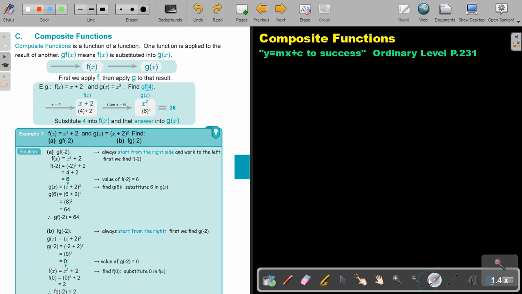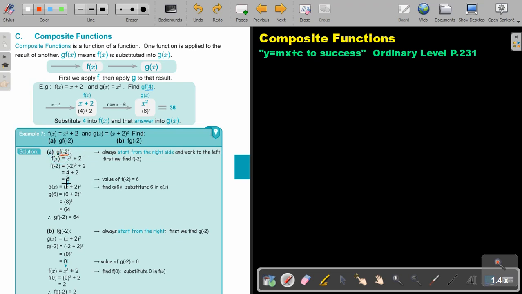But let's look at another example. f(x) equals this and g(x) equals this. Find gf(-2). So in this case, always remember, start from the back.